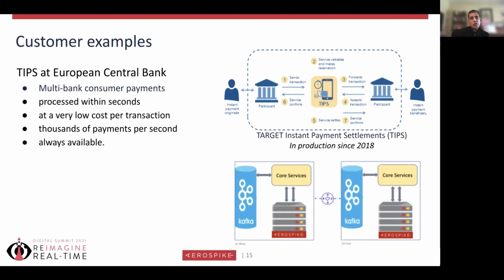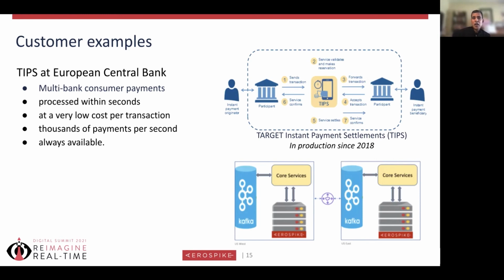The requirements include a very fast end-to-end transaction within seconds, and very low cost. The members are charged for this service, and it had to be a fraction of a euro cent. And the throughput in the system, this was several years ago, was thousands of payments per second.